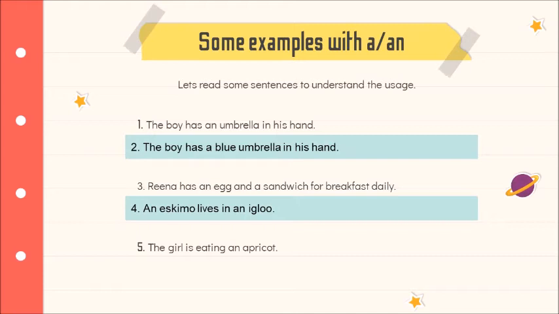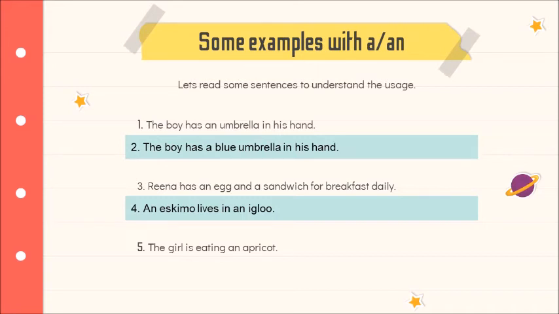Sentence 4. An Eskimo lives in an igloo. I say an Eskimo because e sound of the Eskimo is a vowel sound, and I say an igloo because I sound also is a vowel sound.